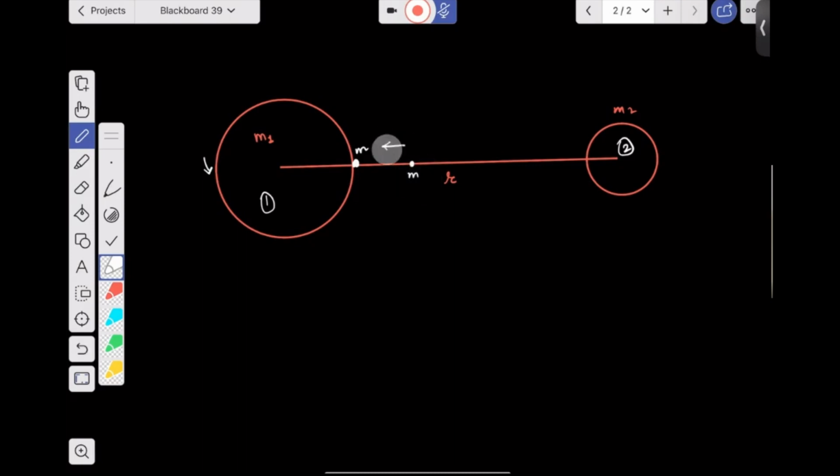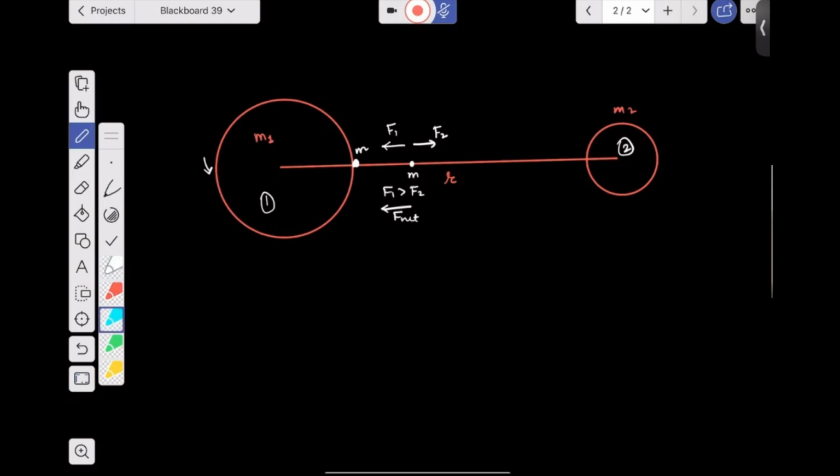One will be the force because of m1, F1, and another will be F2. And if I am nearer to M1, then F1 is going to be more than F2. So we are going to experience a force which will be leftward, or towards M1.